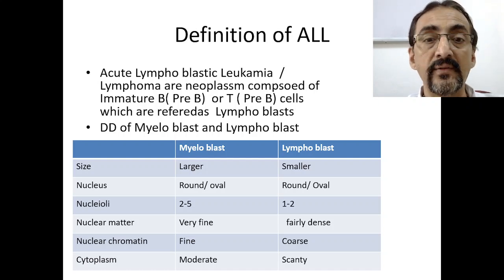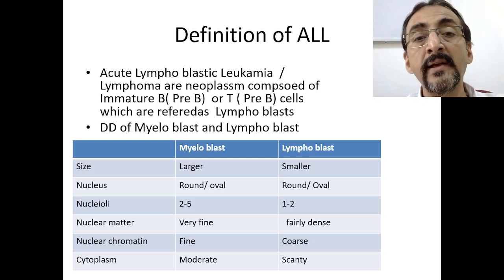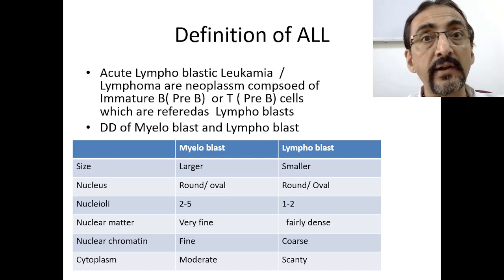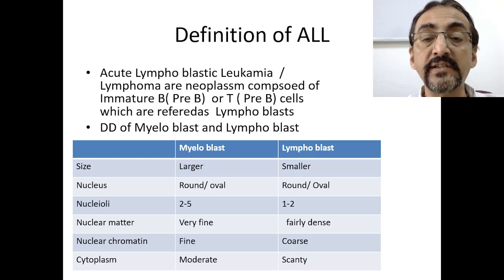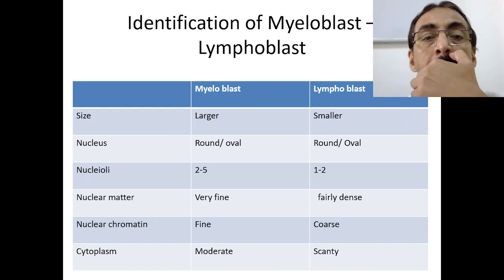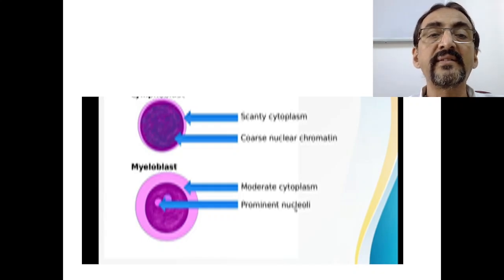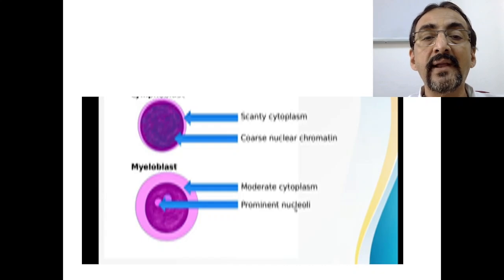And the cytoplasm is very important, one of the very important identification marks. Cytoplasm in the myeloblast is moderate, whereas cytoplasm in the lymphoblast is scanty, very little. Almost all of this is given in the table. Now see, in the lymphoblast the cytoplasm is very scanty, whereas in the myeloblast moderate cytoplasm will be seen, and nucleoli are prominent.